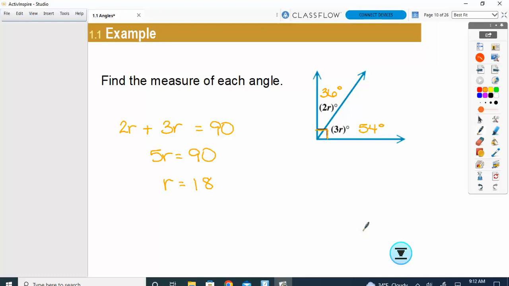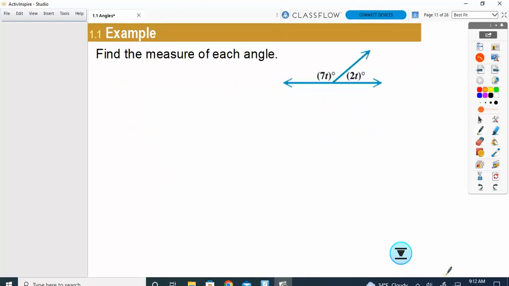Why don't you guys try this? See if you can figure out what you do. All right, so what'd you do on this one? 7r plus 6r equals 180.